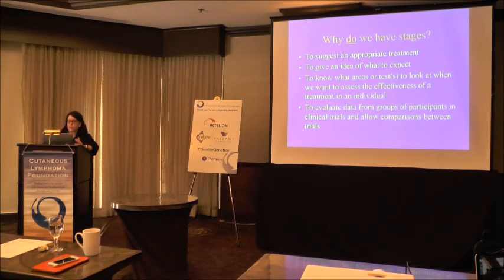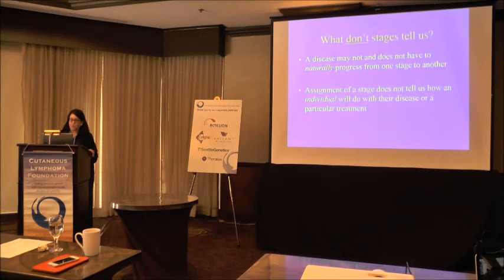So as an example, maybe a trial only allows people that have stage 2B or beyond. And that's because A, they think that's an appropriate therapy for those people, but B, so you could compare it to other trials and kind of see which drug might work the best in different populations. So that's another reason why we have stages.